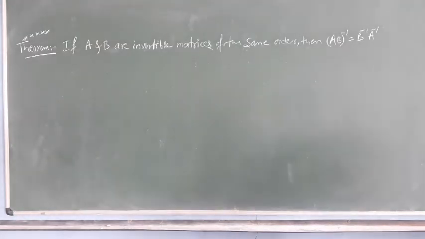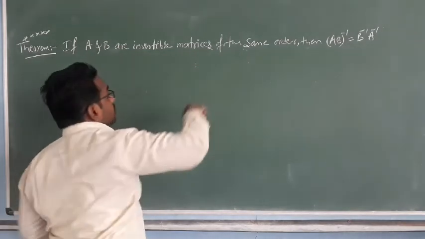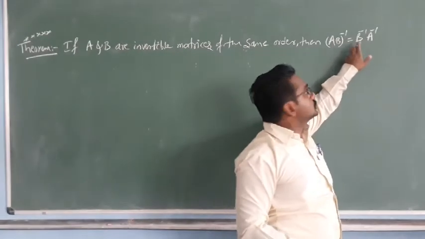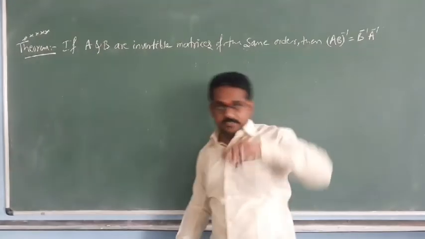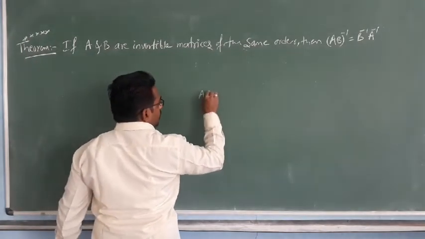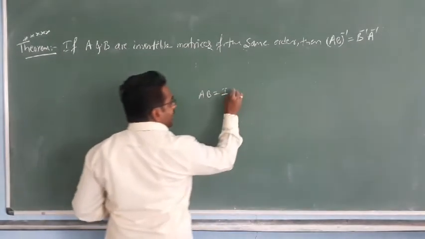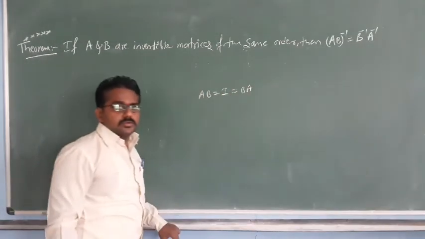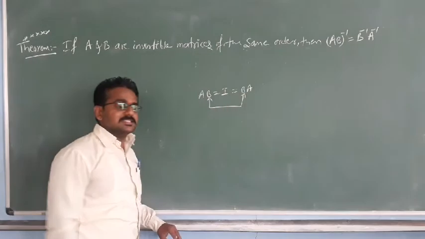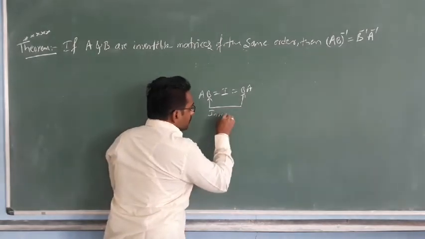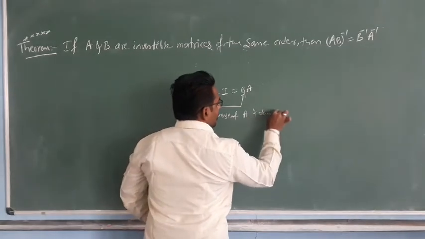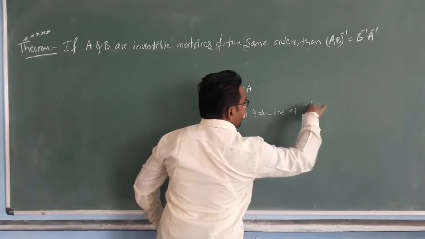Next important theorem, students. If A and B are invertible matrices of the same order, then (AB) whole inverse equals B inverse into A inverse. Already in the definition we saw A into B equals I and B into A equals I also. What we name the matrix B is the inverse of A, denoted as A inverse.